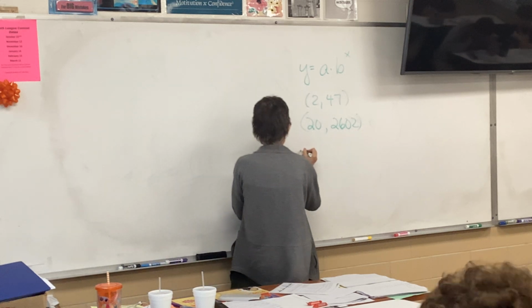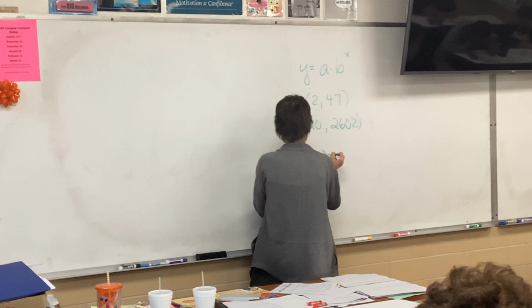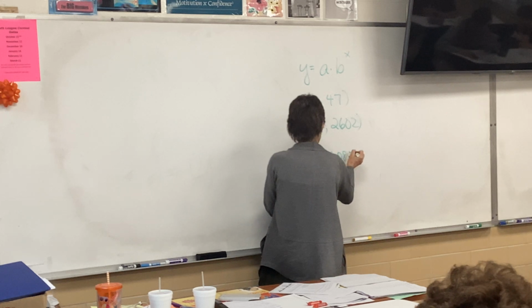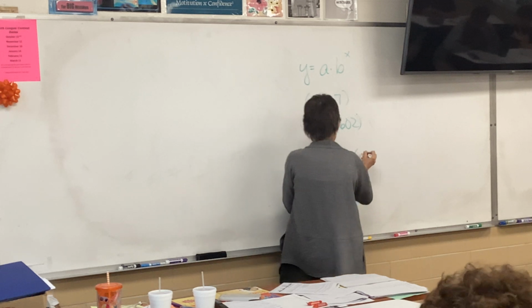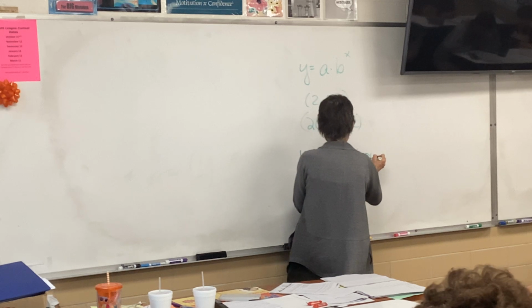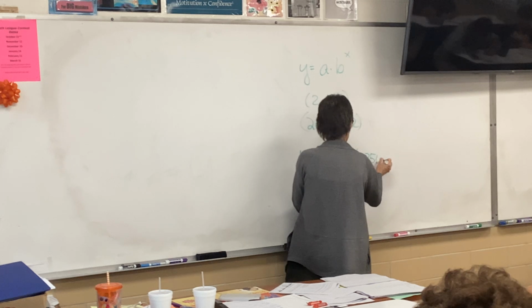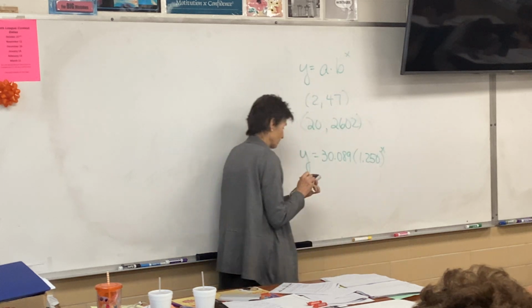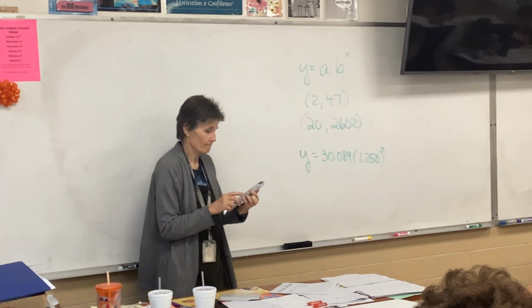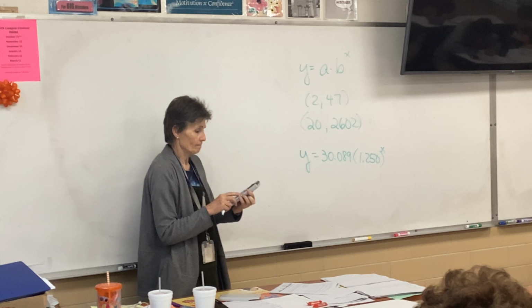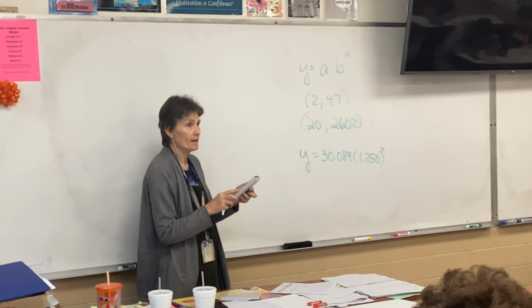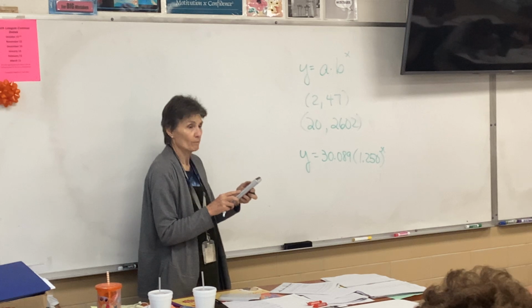On my calculator, I got 30.089 times 1.250, I guess, to the x. Anybody else get that? Perfect.